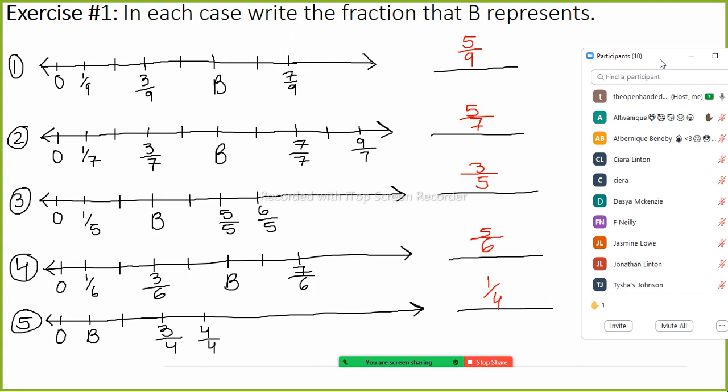So if it is after 4 but before 6, then you know it's 5. So you use context clues to figure out exactly what's happening there. Any questions on this?